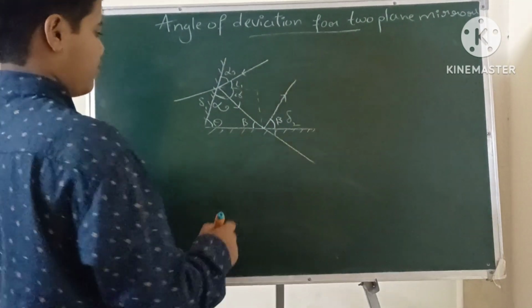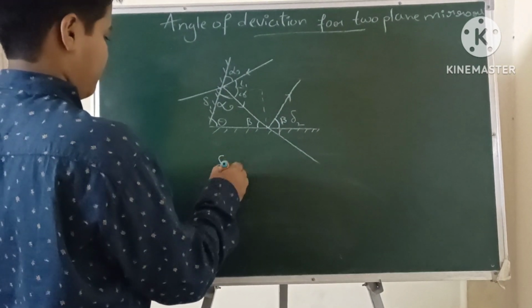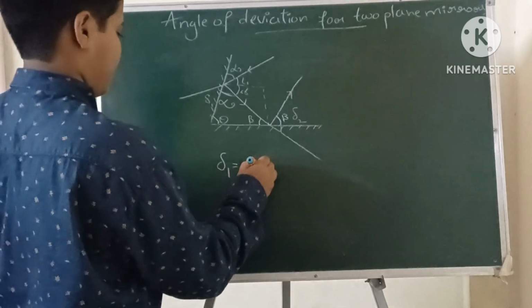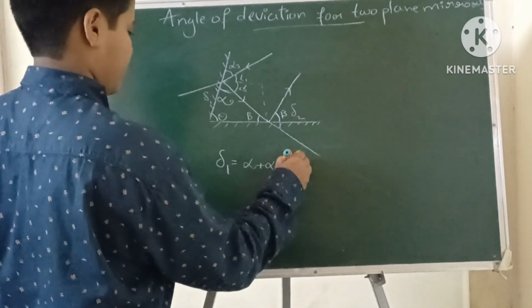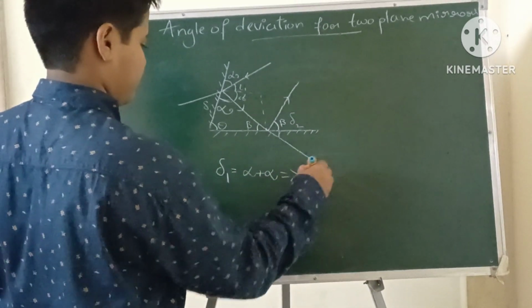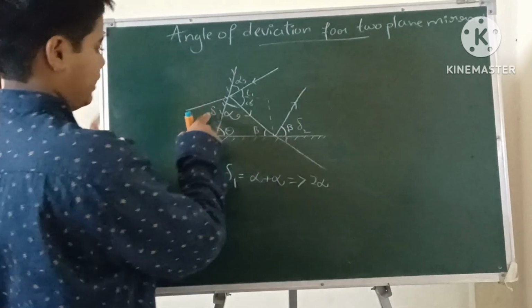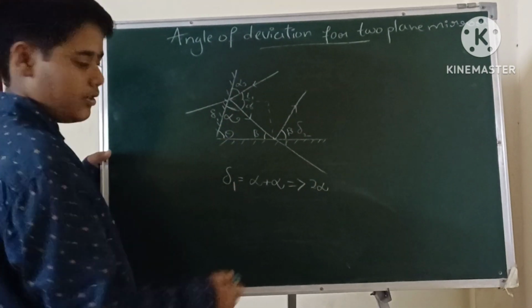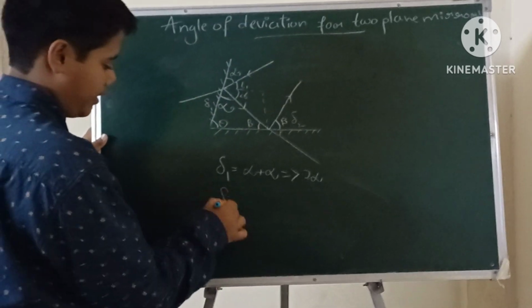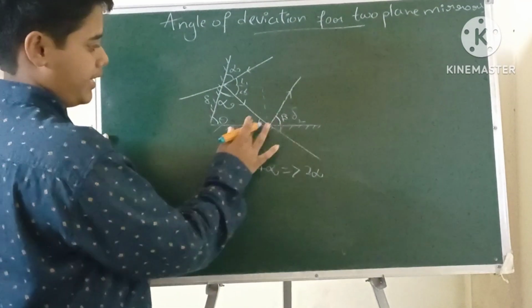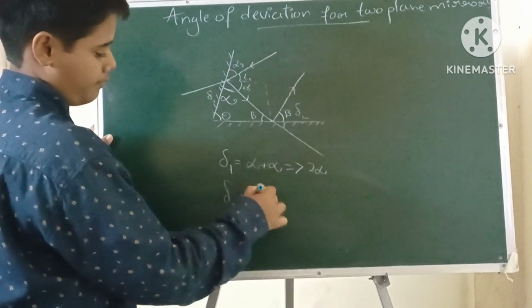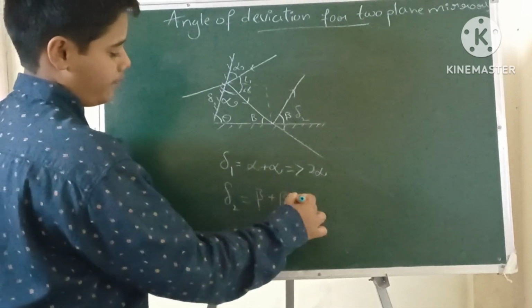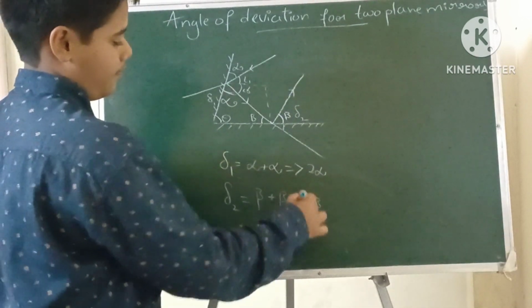Okay, so in this delta 1 is equal to alpha plus alpha, that gives 2 alpha. Okay, delta 2 is beta plus beta, that is equal to 2 beta.